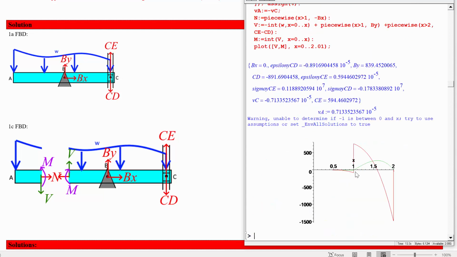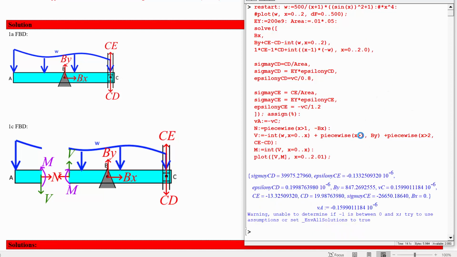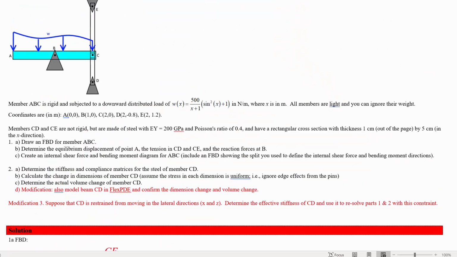Yeah, so moment basically 0, jumping up, and then after the shear force becomes negative, the moment curves around and goes the other way back down to 0. All right, so let's get rid of that just before we forget and go back to the original problem and then continue on with the next part.